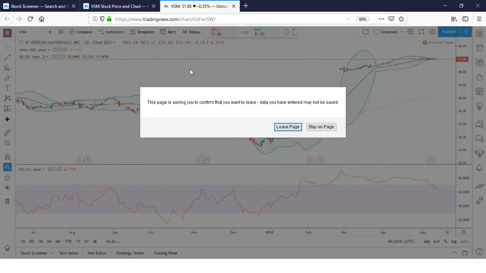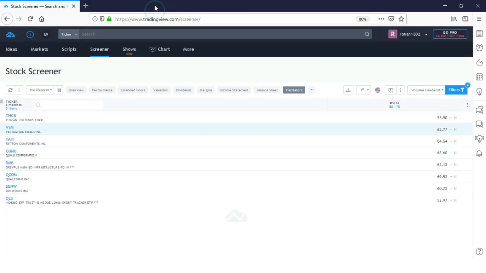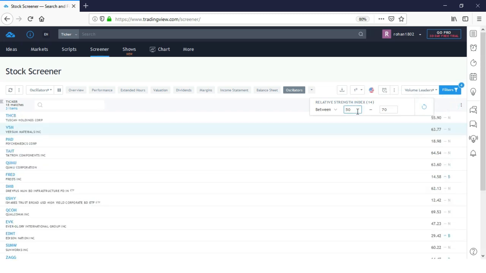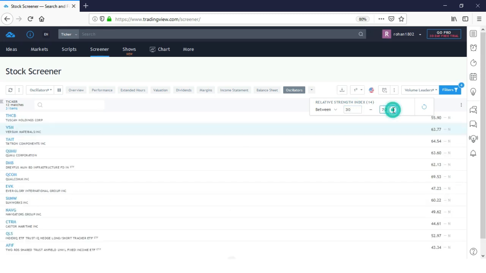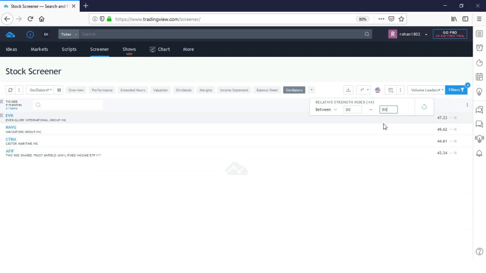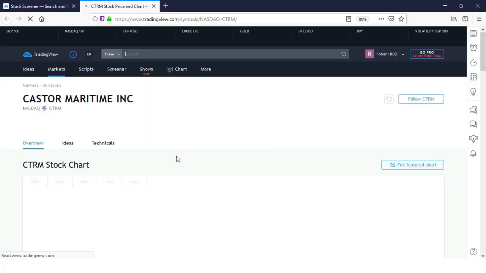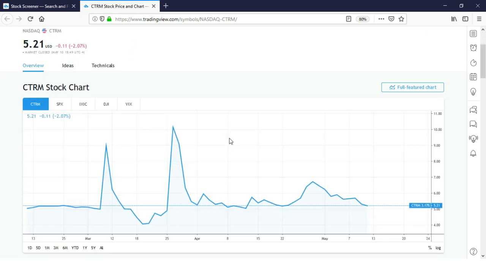If we check downward side movement, we can check it through here. You can put from 30 to 50, and these are the stocks which are between 30 and 50. We use Castor Maritime INC, CTR, that is $5.